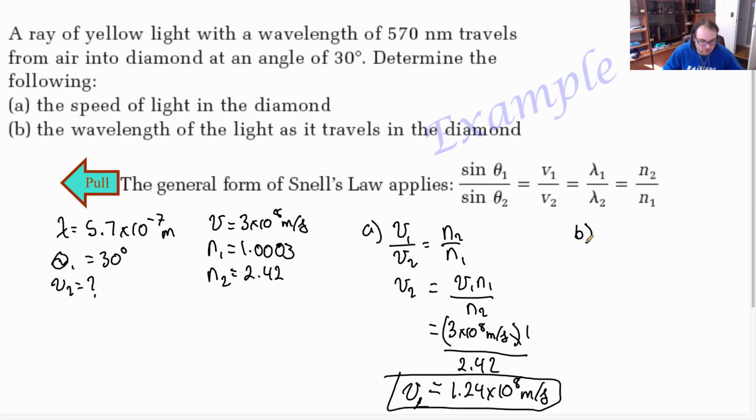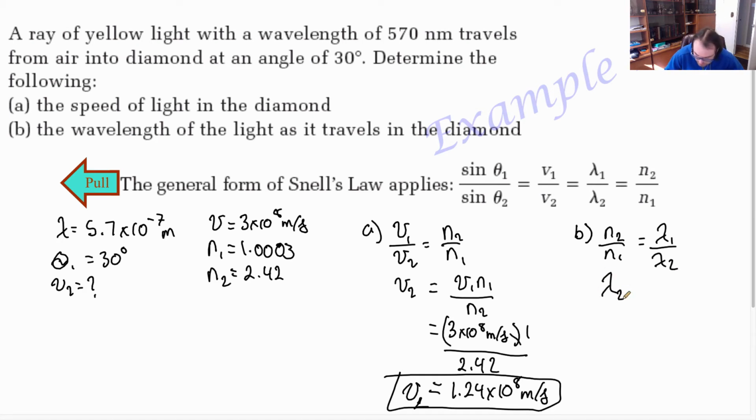So B wants to know what is the wavelength. So I'm going to put N2 over N1 is equal to my wavelength of 1 divided by my wavelength of 2. Here we're trying to find my wavelength of 2.